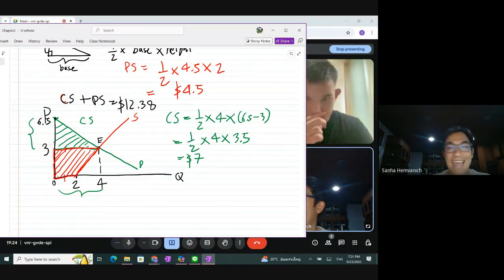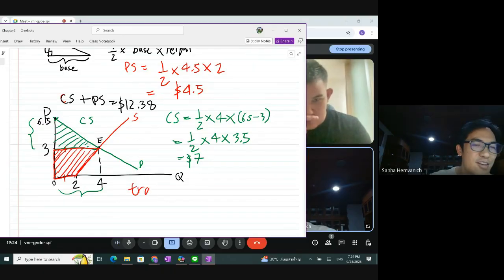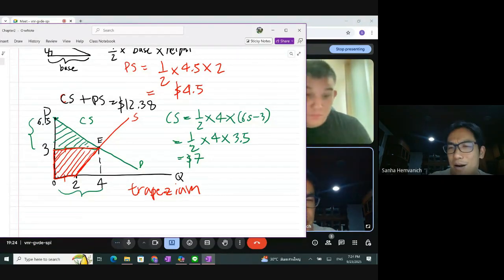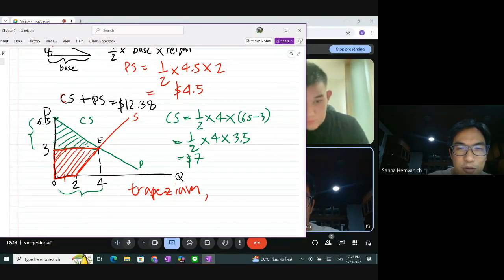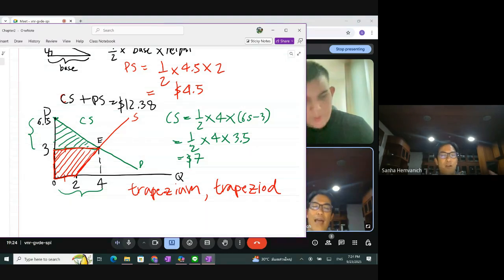In the UK, this shape is called, I looked in the dictionary, a trapezium. But in the US, I think it's trapezoid.